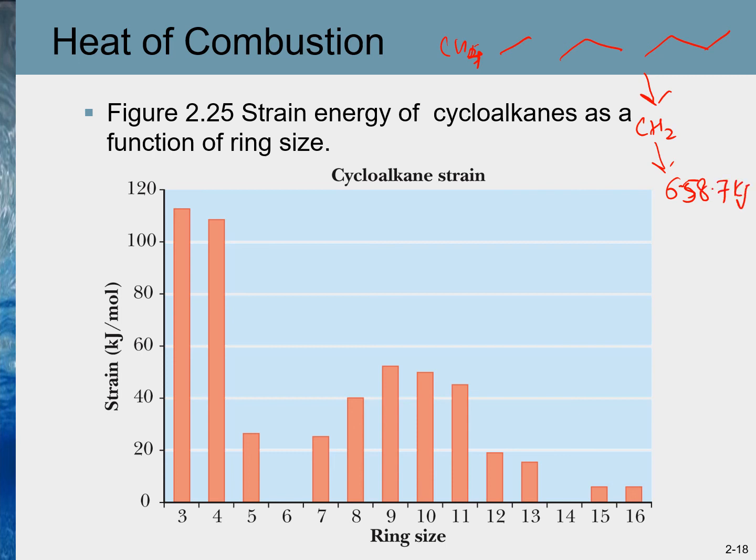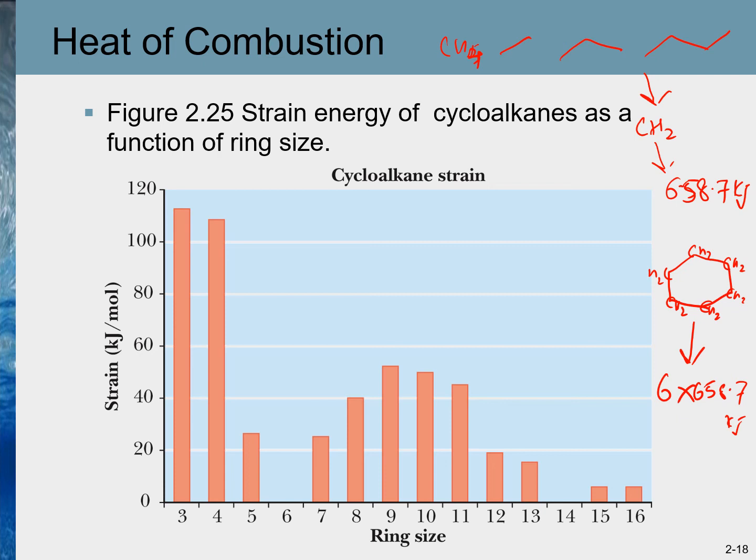So in other words, if we have a ring with 6 CH2s, theoretically this should release 6 times 658.7 kilojoules of energy. That's theoretical. And experimentally we can burn it and we'll see how much energy it does release.